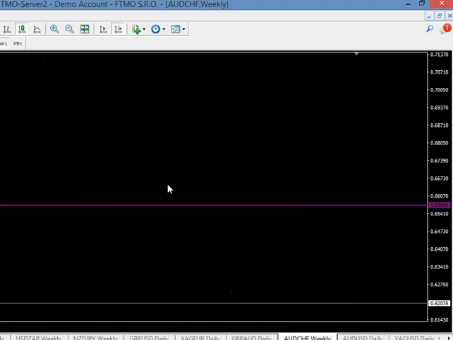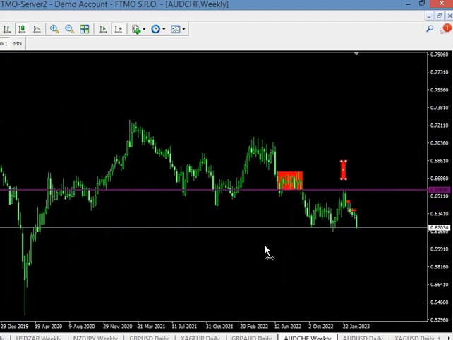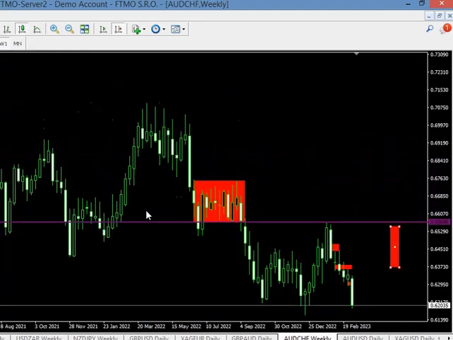Let us look at the weekly. The market has been consolidating also. The market has been consolidating.